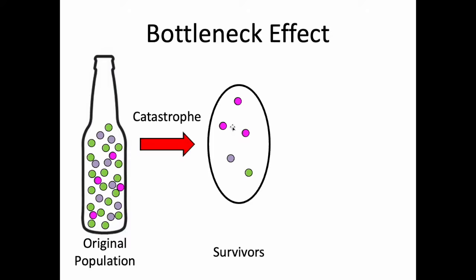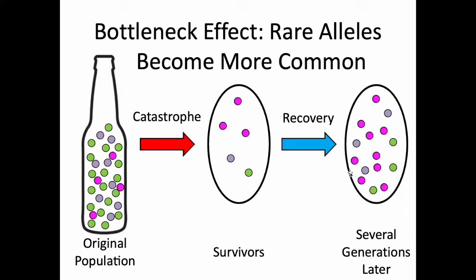Well, if we let these survivors rebound and reproduce after a time of recovery, the population's going to look like this. Wow. Okay, this is very different from the original population. This purple allele used to be pretty rare, but now it's the most common allele. That's because the survivors happen to have a lot of that allele.